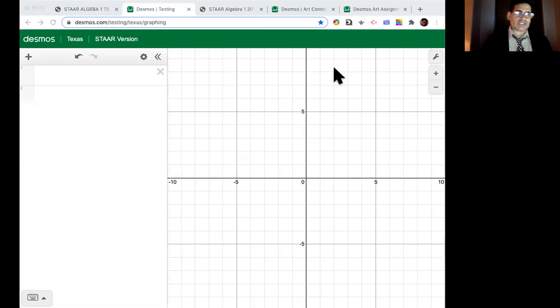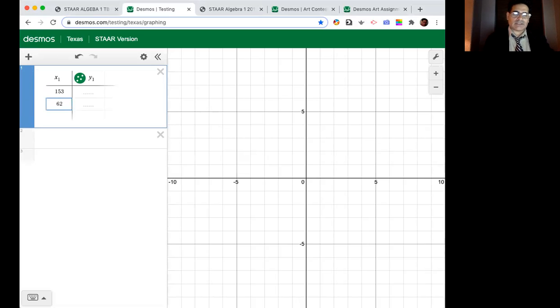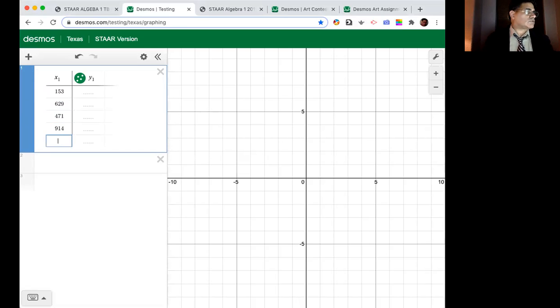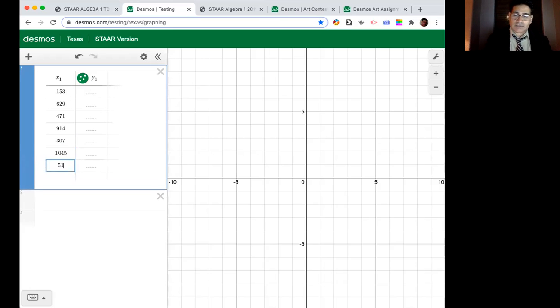We open to a new graph and hit our plus sign, table, and from the left side, we have the number of visits at 153, 629, 471, 914, 307, 1045, 510, 6.